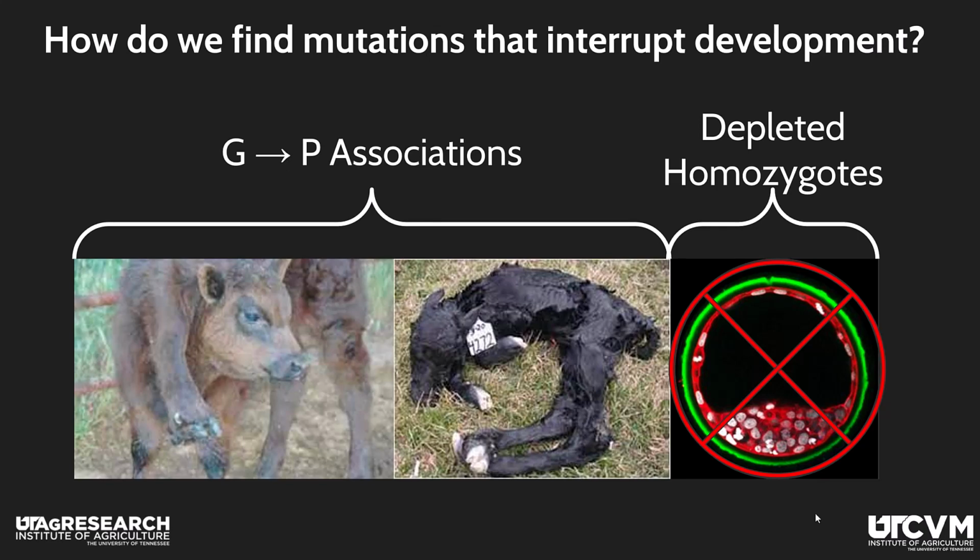So again, the best thing you can do when you see a genetic defect pop up is to report that to the breed association. And what they're able to do is they work with a variety of academic collaborators, and we're able to make this genotype to phenotype association, right? So as you get a defective phenotype, we can oftentimes, with enough genotypes, work backwards and find that gene, find that mutation that's driving that simple recessive disorder in the calf.